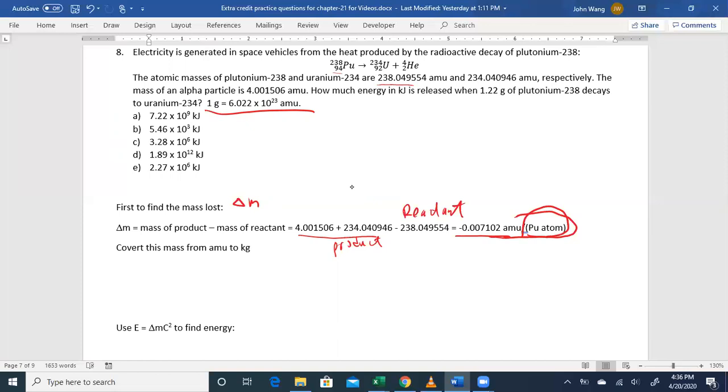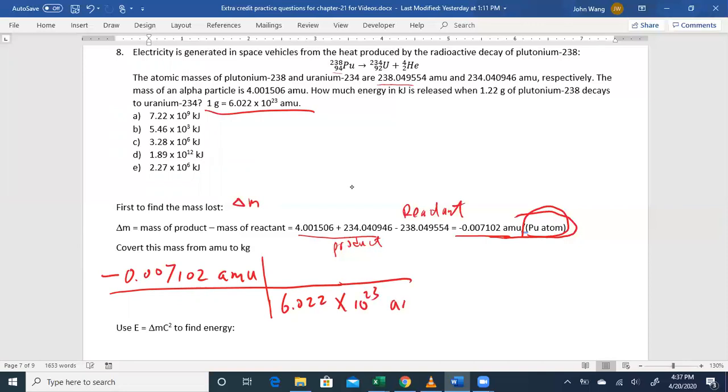And what you do next, just take the number you get in AMU. So you have negative 0.007102 AMU, and we have this equation. We have the Avogadro number of AMU, and that amount of AMU will be 1 gram. So the AMU count gives you how many grams.